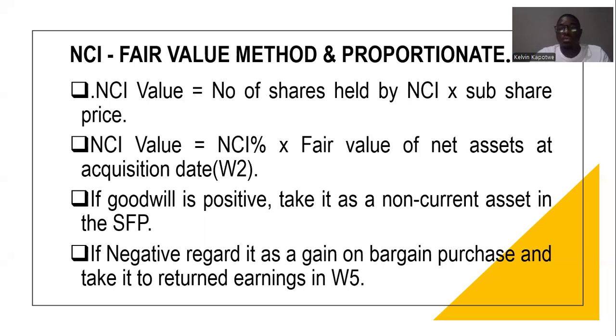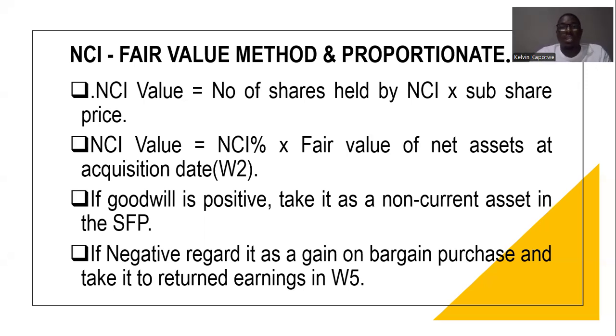So goodwill can either be positive or negative. If the net assets are lower than the consideration you've paid, then you're going to have a positive goodwill, okay? But there are certain times where the consideration you paid is less than the net assets of the subsidiary. In that instance, you're going to have what you call a negative goodwill. A negative goodwill doesn't really mean it's a bad thing.